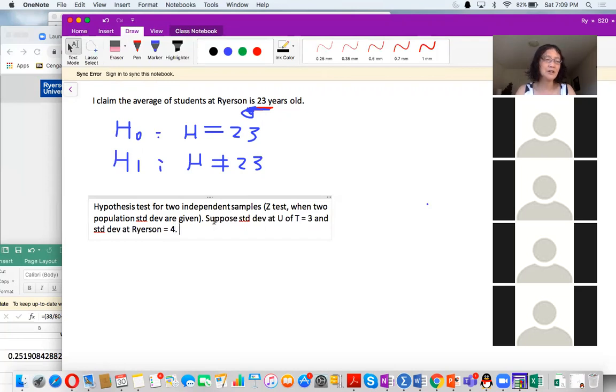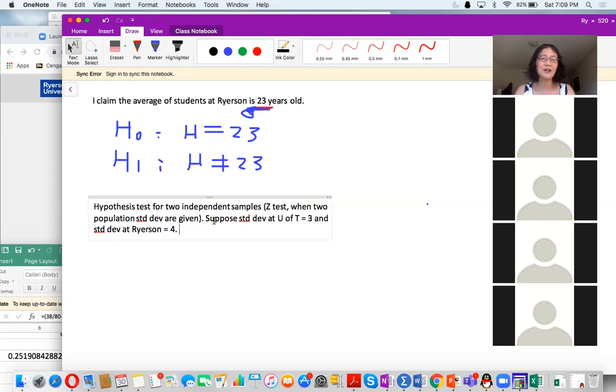I want you to compare the average student age at Ryerson with the average age at University of Toronto. You want to draw a conclusion about the population, but you have no way to ask every student in each university.